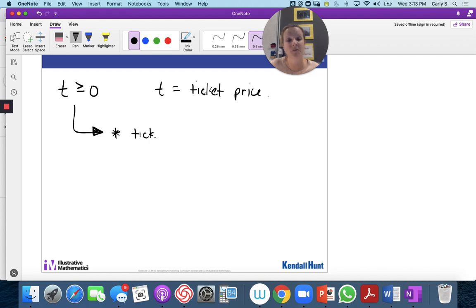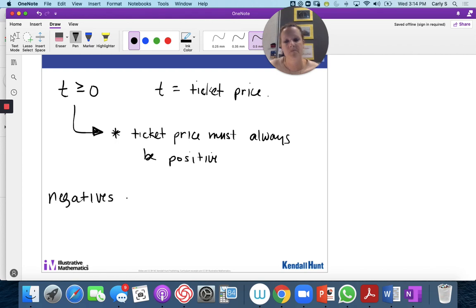Ticket price must always be positive. No negative ticket prices or you lose money. All right, so negatives are bad in a lot of these real world problems. We would call that a natural constraint, one we don't really have to talk about, but it's very important.